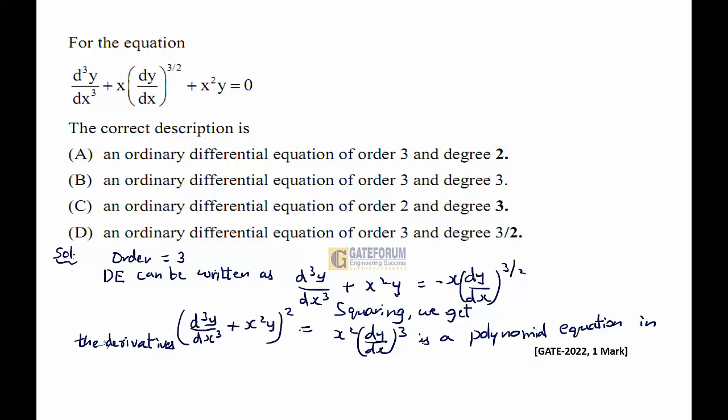Some people say the differential equation has been expressed free from radicals and fractions as far as the derivatives are concerned, and only then can we find the degree. So, therefore, degree is the power of the highest order derivative.